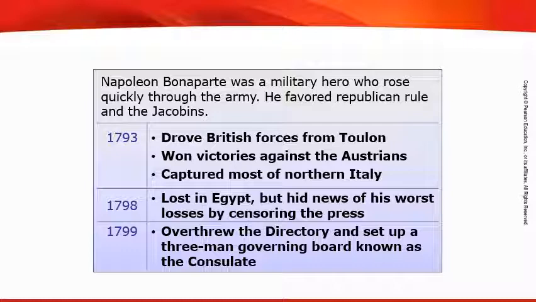He himself had a very conflicting personality. You can see the slide says that he favored Republican rule and the Jacobins. Now, Jacobins were the radicals, those who wanted abrupt changes, and they were in favor of bringing peace and order through the use of brute force.